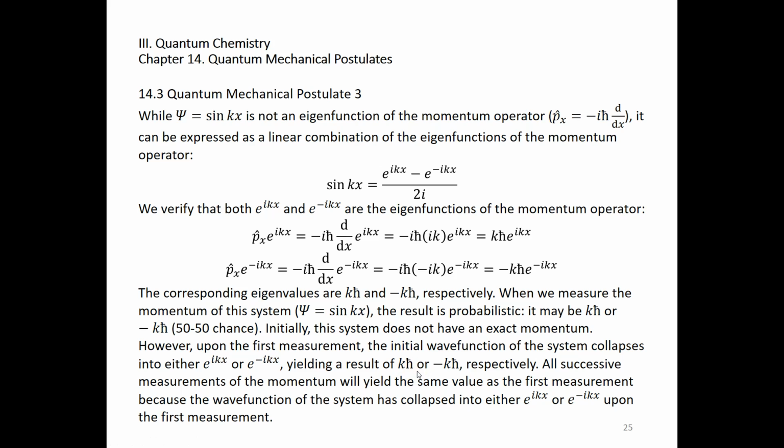But the second, third, fourth, fifth, sixth measurements all agree with the first measurement, only because right after the first measurement, the wave function of the system is no longer sine kx. It collapses into either e to the power of ikx or e to the power of negative ikx. And then if you keep measuring the momentum of the system, you will get the same eigenvalue repeatedly.